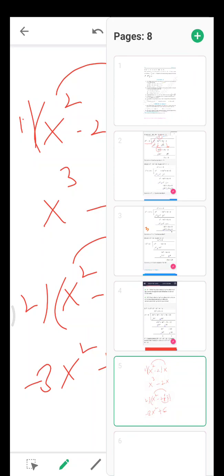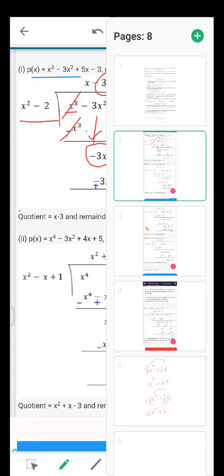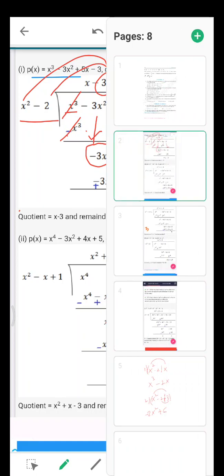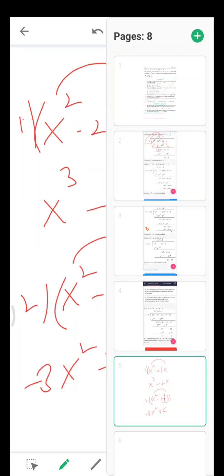So this comes here. So x square into minus 3 is minus 3x square, minus 2 into minus 3 is plus 6. If you want, you can do directly like this, or you can do step by step. That's your choice.